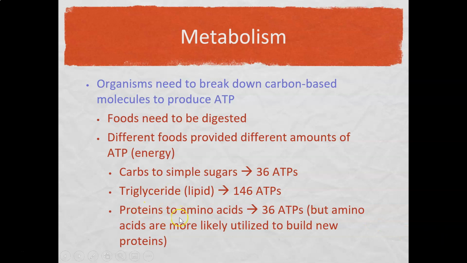The other thing is your body can break down those amino acids, but it would rather utilize those amino acids to build new proteins. Everything in your cells, in terms of structure and function, the vast majority of that is driven by proteins.